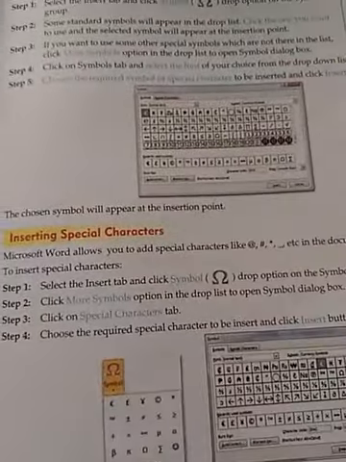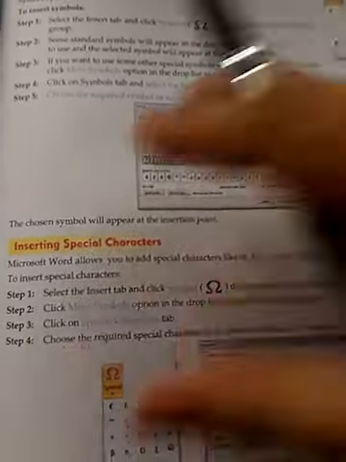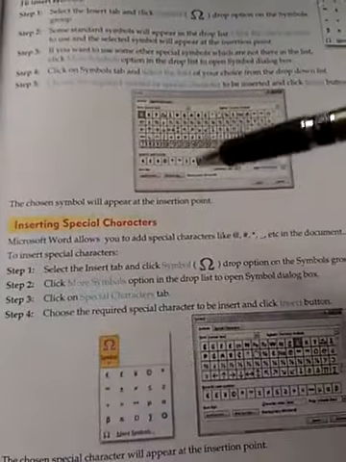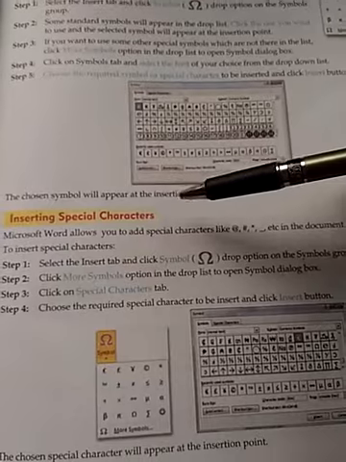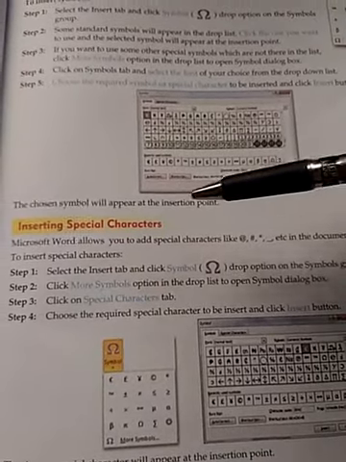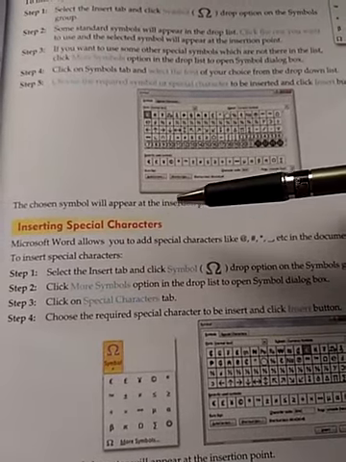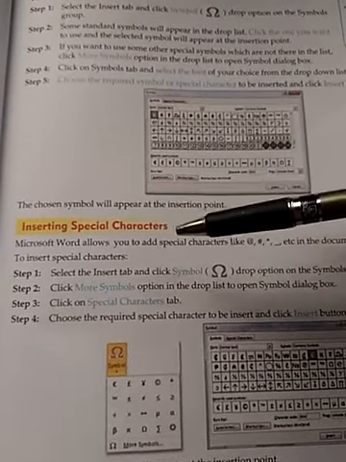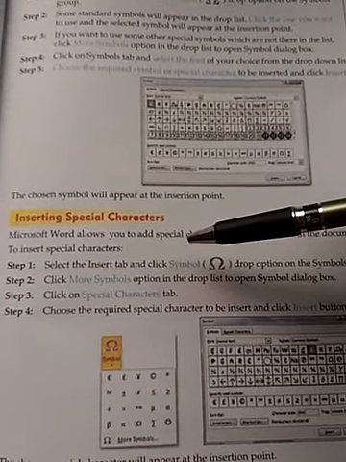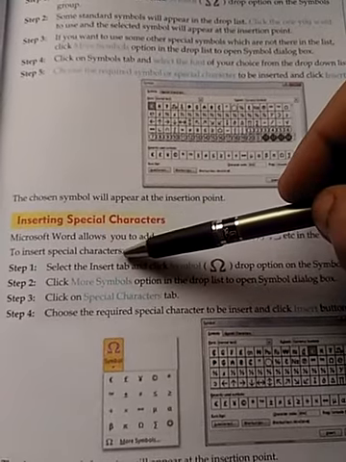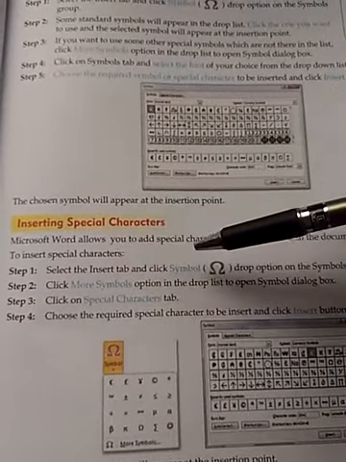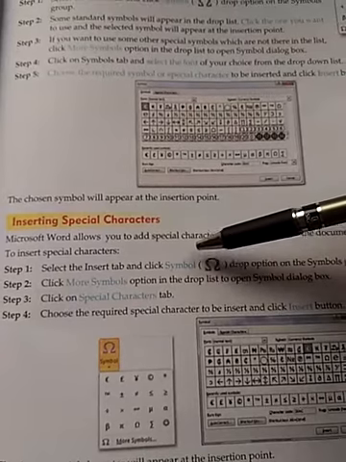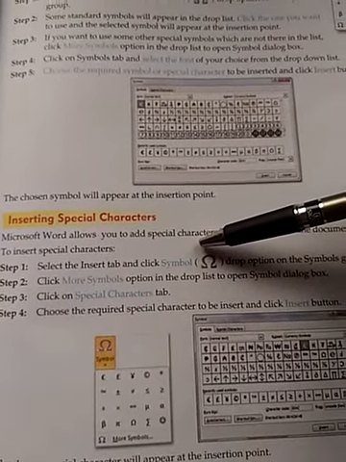Inserting special characters. Again, there are some special characters like @, $, π. All these special characters are also available in the Symbol dialog box. Just click on the Insert tab. On the Insert tab, you will find the option Symbol. Choose this option Symbol.